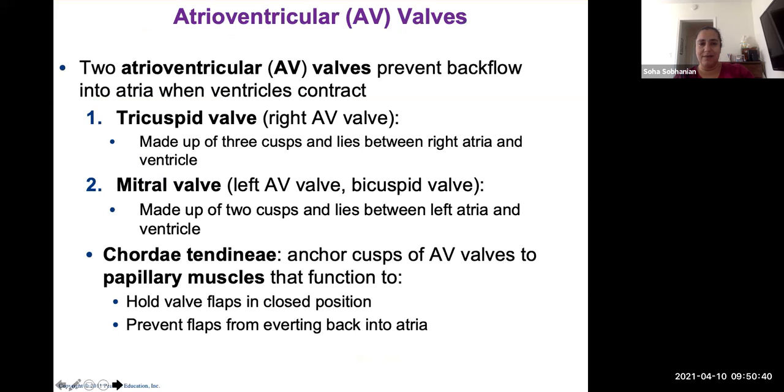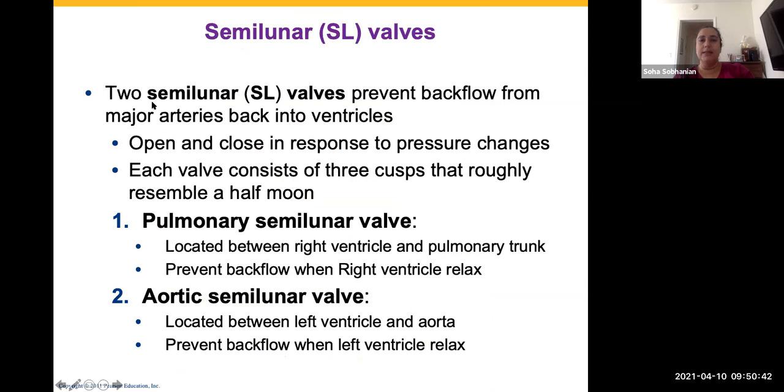So let's look at the information, guys. The two semilunar valves, shorthand SL valves, prevent the backflow of blood from the major arteries into your ventricles. You don't want that blood to come back with gravity when the ventricles are relaxed. They open and close in response to pressure changes.